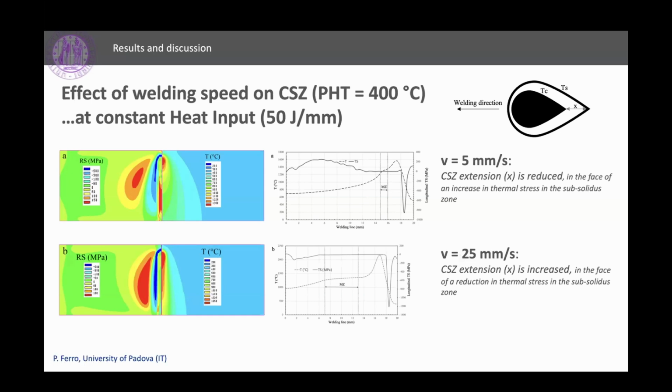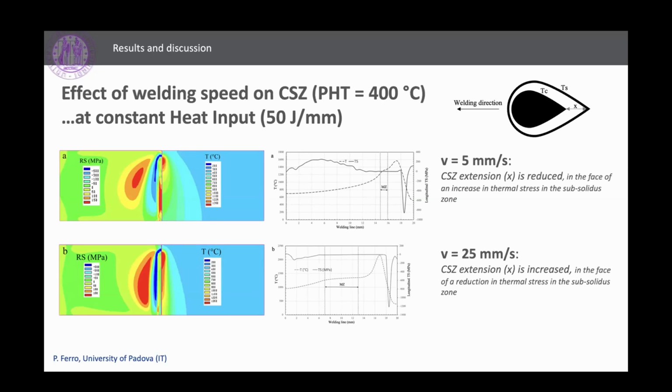And we obtained that using a low welding speed, 5 millimeter per second, the crack susceptible zone extension is reduced, but the thermal stresses increase, above all in the subsolidus zone. Vice versa, using a higher welding speed, 25 millimeter per second, we found that the crack susceptible zone extension is increased, but the thermal stress decreases.